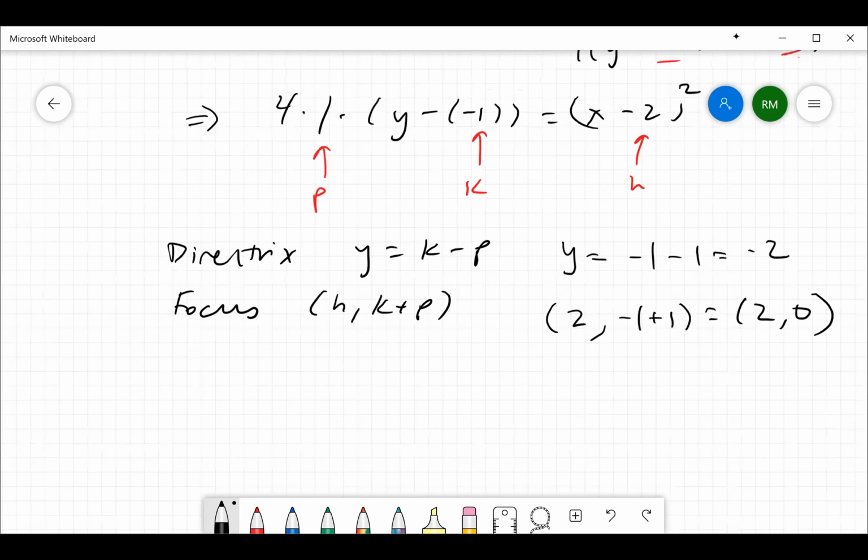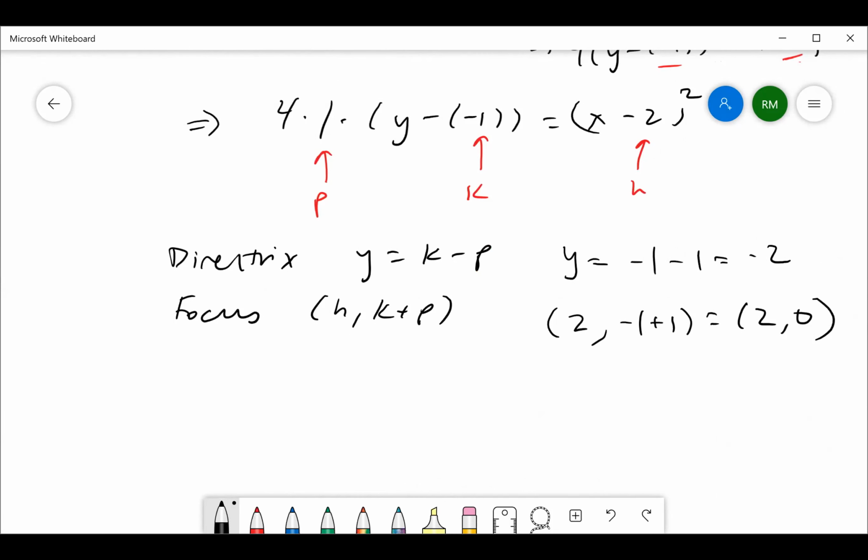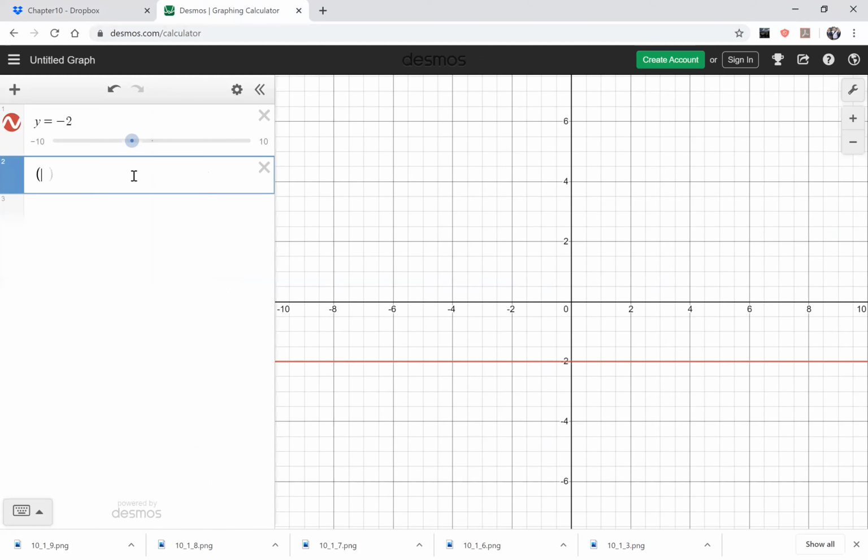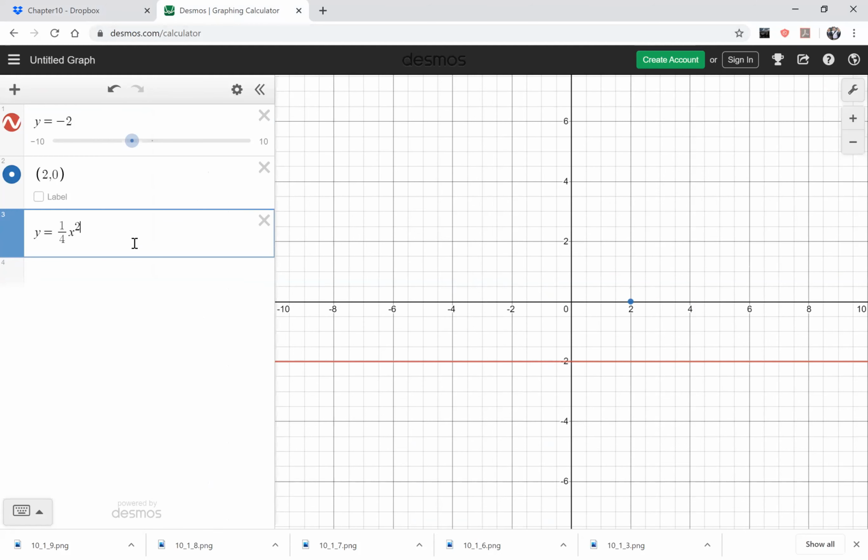All right. So let's go to Desmos. And let's type in the equation. Here is our directrix. Here is our focus. And our parabola is right here.